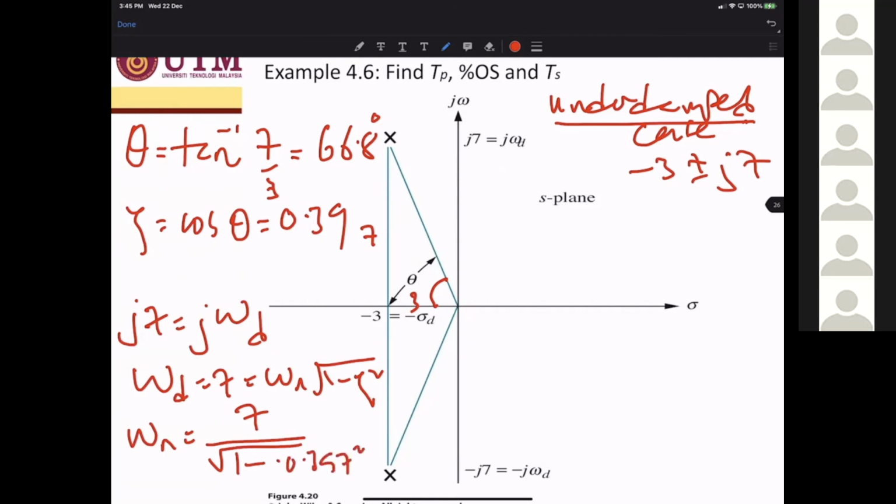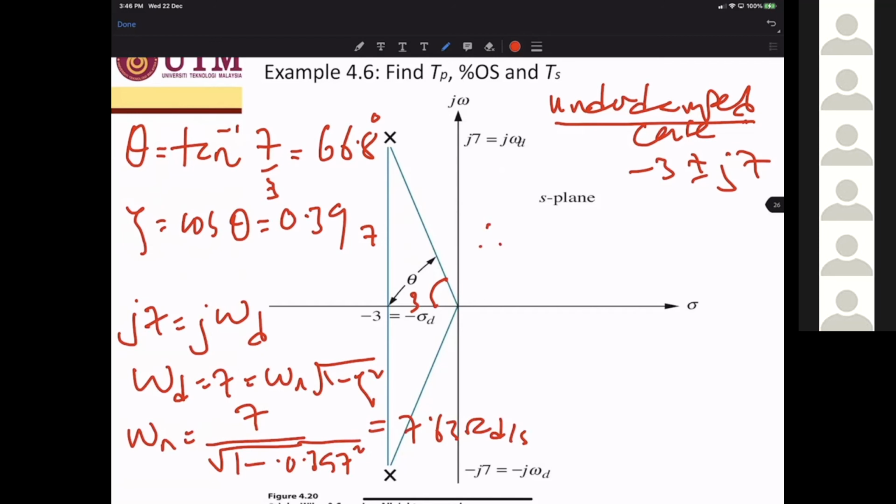How much? 7.63 radian per second. Correct? Right, Prof. Okay, no problem.